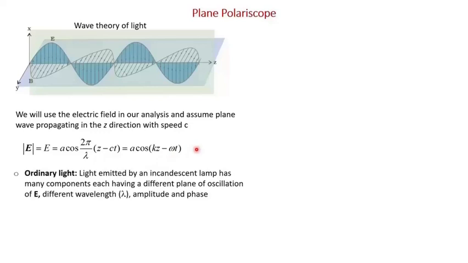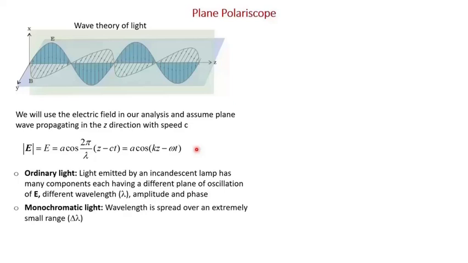The light emitted by an incandescent lamp, the ordinary light, has many components, each having a different plane of oscillation for the electric field, with packets having different wavelengths, amplitude and phase. To do photoelastic analysis or studies, you need light with a more controlled behavior.